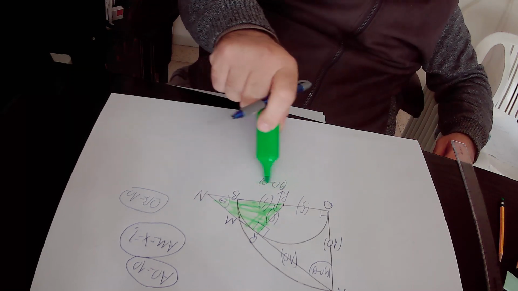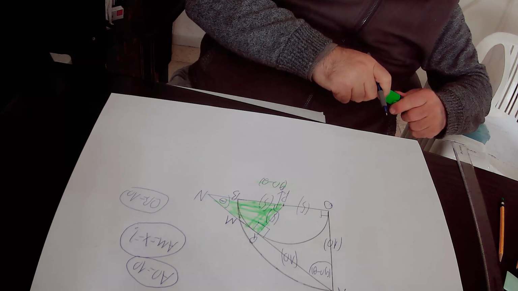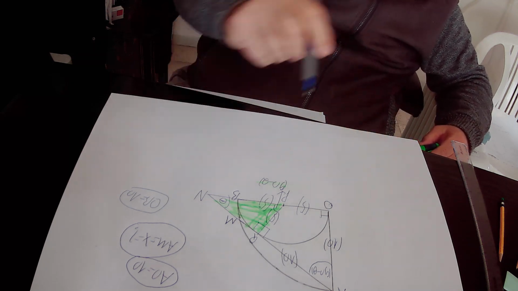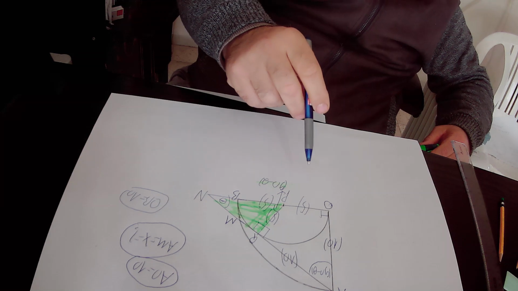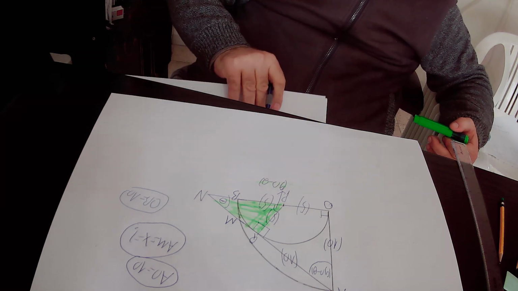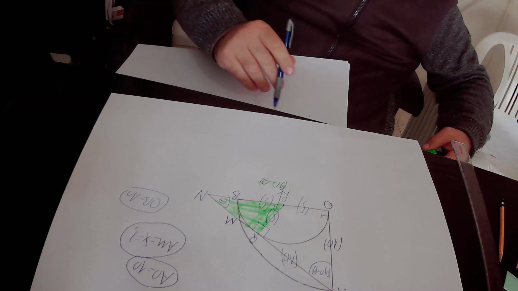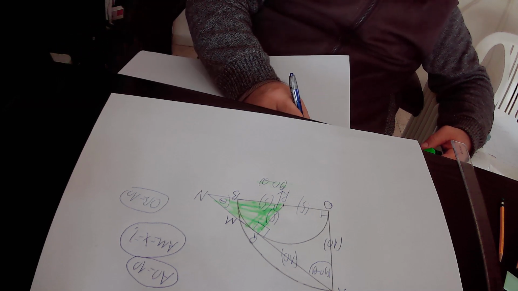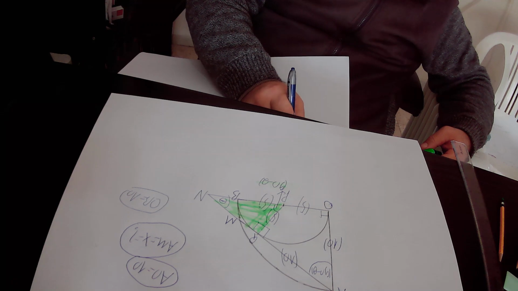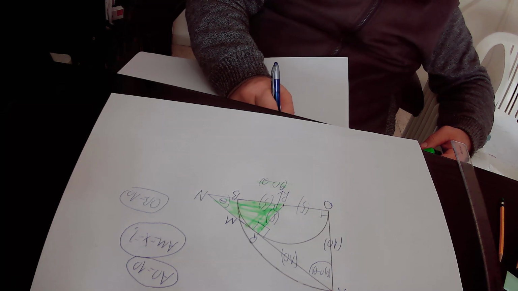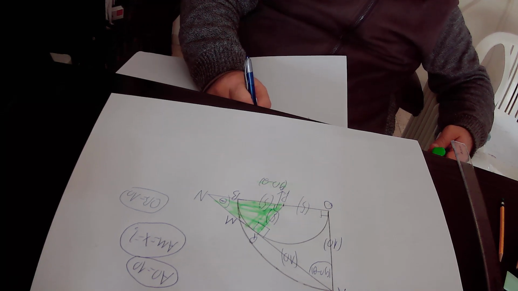In the next step, we'll prove that the right big triangle AON is similar to the right small green triangle PQN. So I write it down. The right big triangle AON is similar to the right small green triangle PQN.